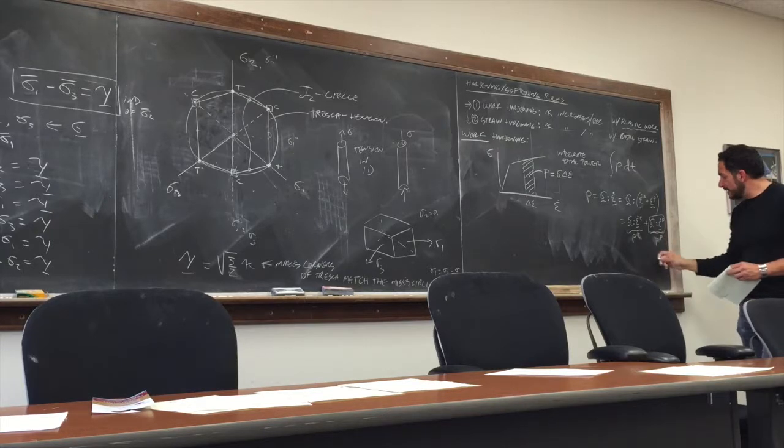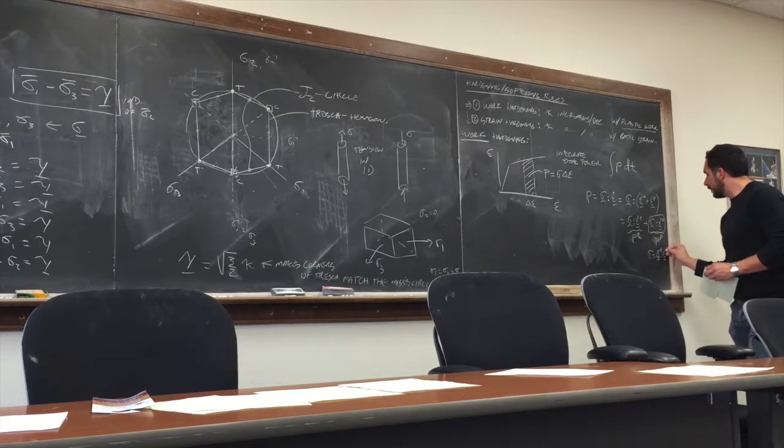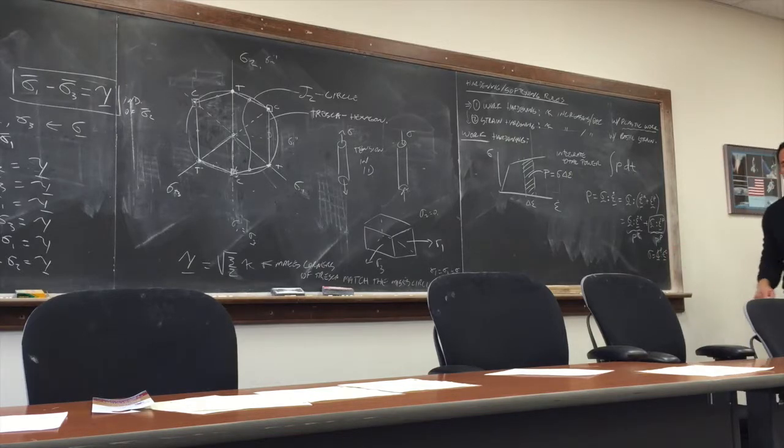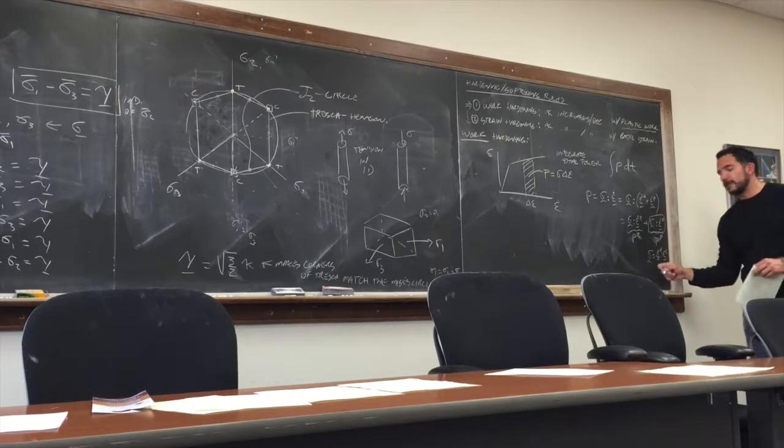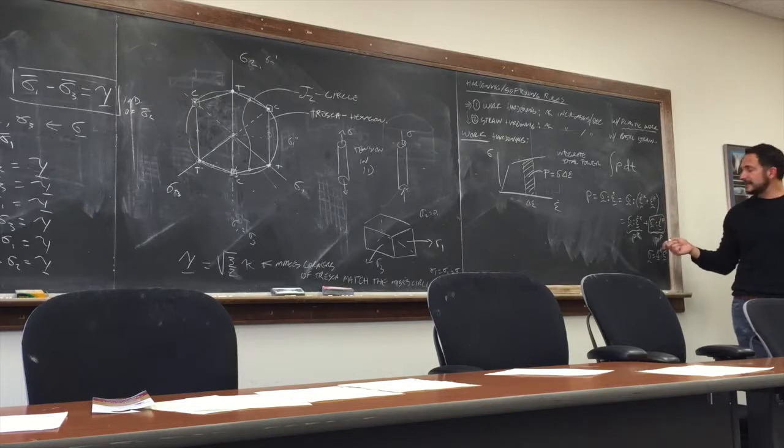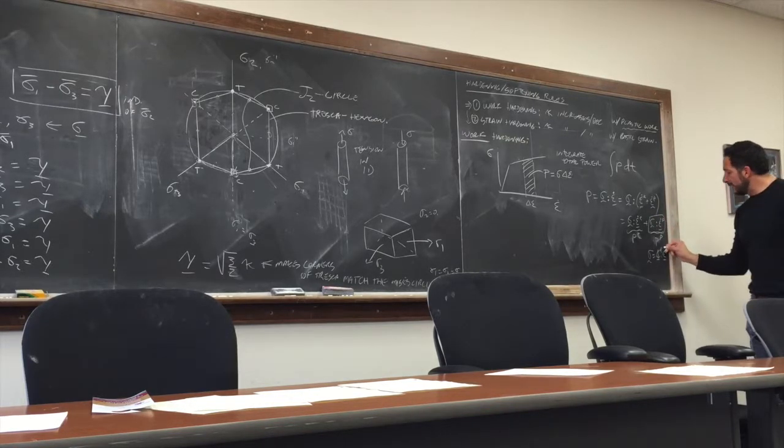And the issue with these, I think, is that if you look back at what sigma is in general, it's going to be something like this, right? Given what we know about Hooke's law, let's say this is linear elastic. Then you get a coupling between your elastic strains and your plastic strains.